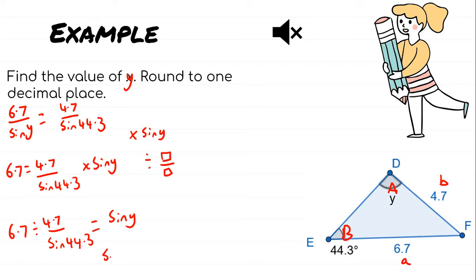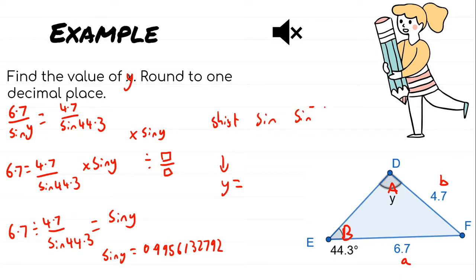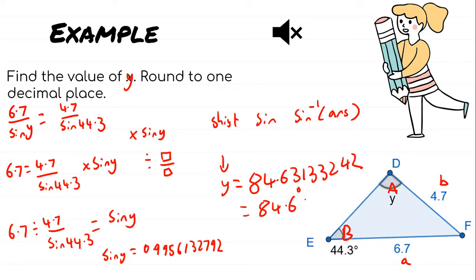That's going to give you that sine y is equal to 0.9956132792. So to find y, we're going to do shift sine to get the inverse sine function. Again, I can press the answer key on my calculator, and this is going to be 84.63133242. And to one decimal place, that would be 84.6.